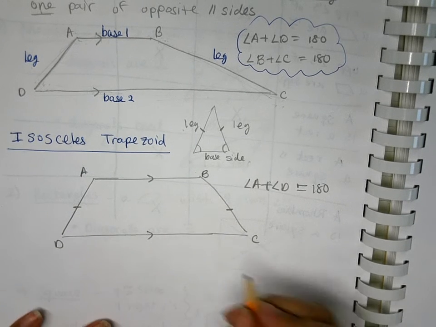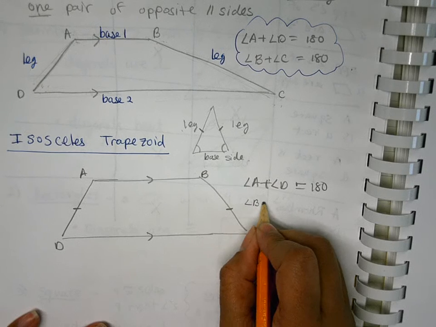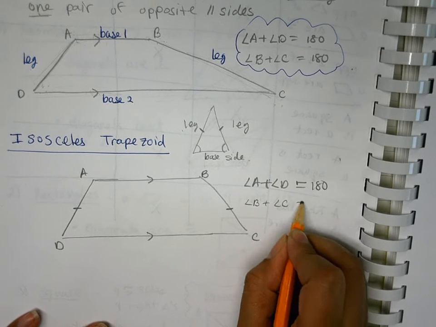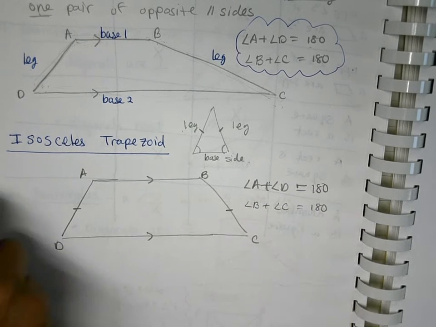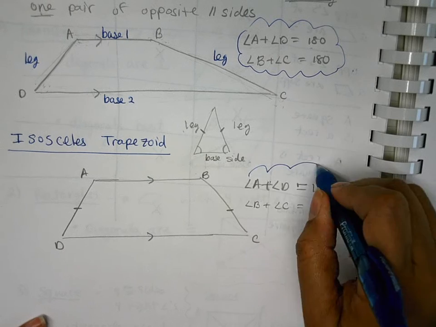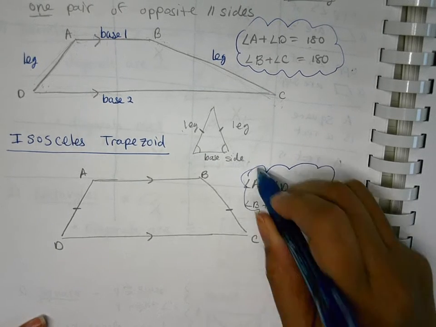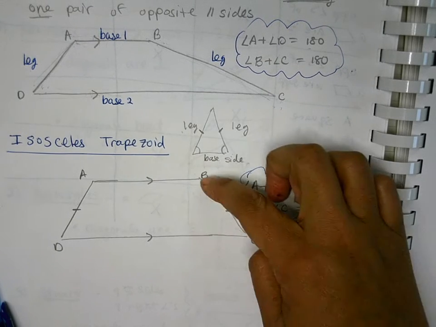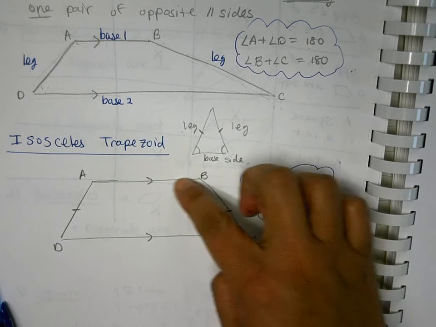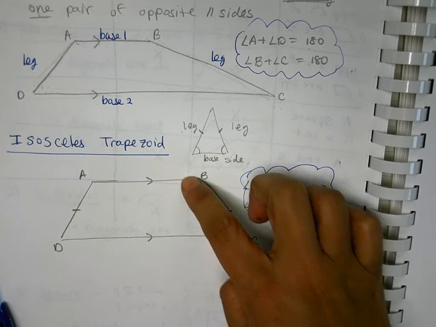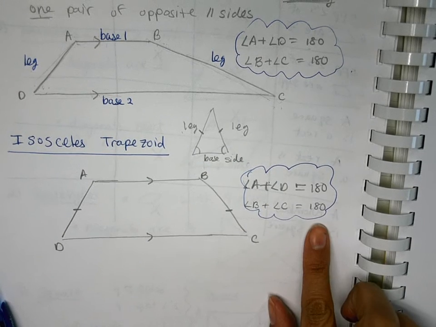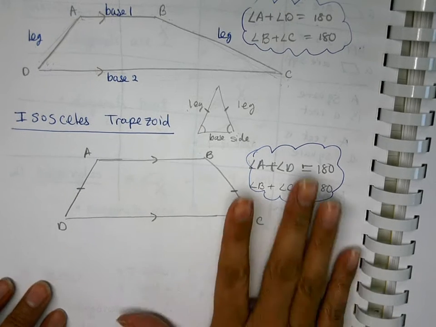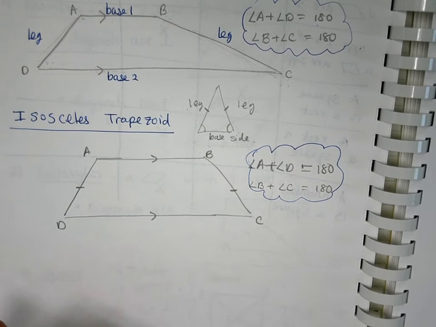All right, what's the next one? Angle B plus angle C is 180. And again, for the same reason as before, the arms of the C are parallel, which means the angles are supplementary. Questions on this before I move on to the new part of isosceles trapezoids?